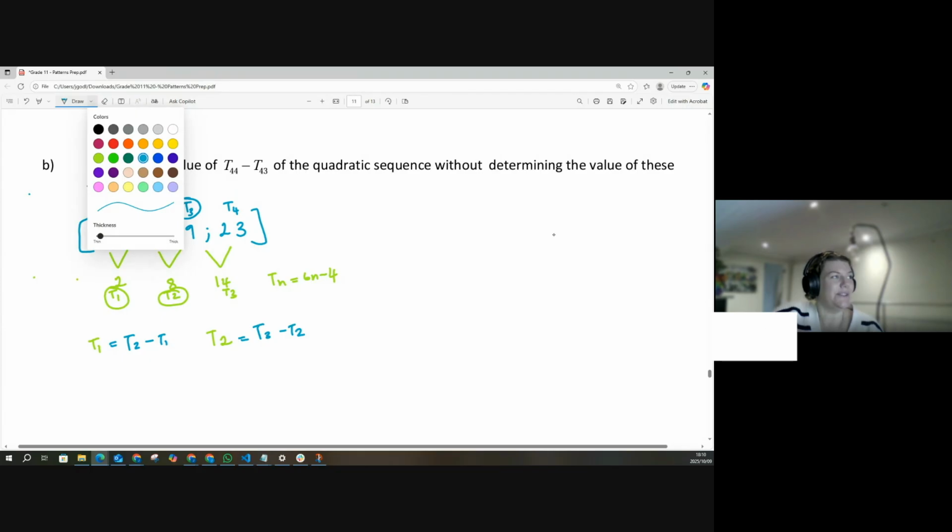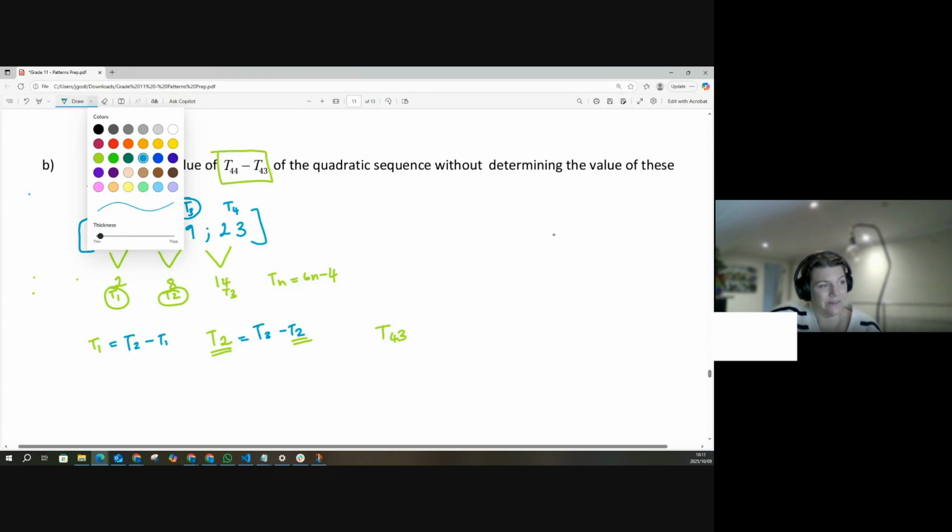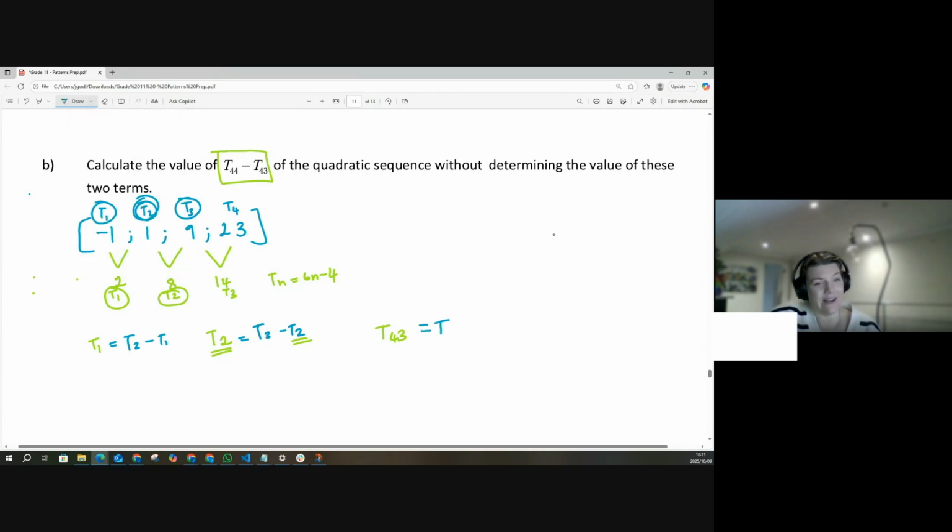If we use this logic, that means that, so if we have a look here, that's 2 and that's 2, and we're going to try and copy this idea over here. Term 43 would be equal to my quadratic term 44 minus term 43.